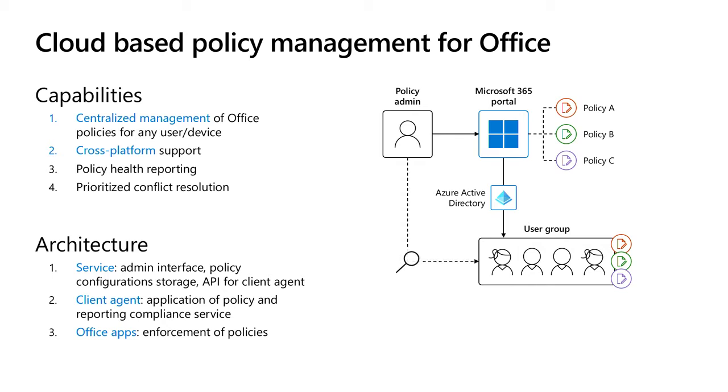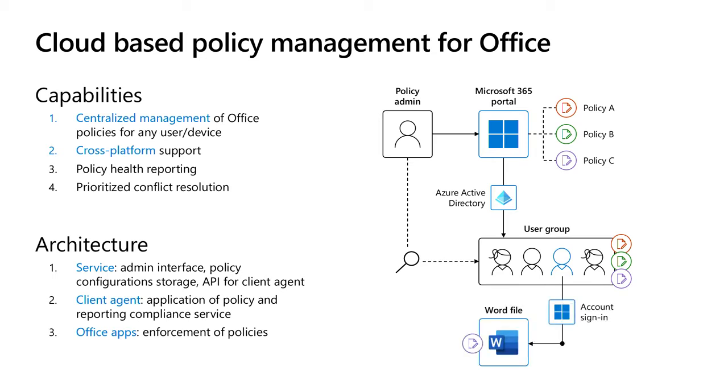And when they sign in, Office ProPlus connects to our service and basically asks, hey, I got Chris's identity. Are there any policies assigned to him? And our service figures out what security groups I'm part of, what policies are targeted to those security groups, and then sends those policies down to my device. So it's a pretty straightforward architecture.